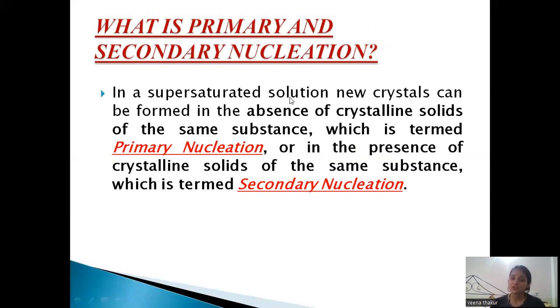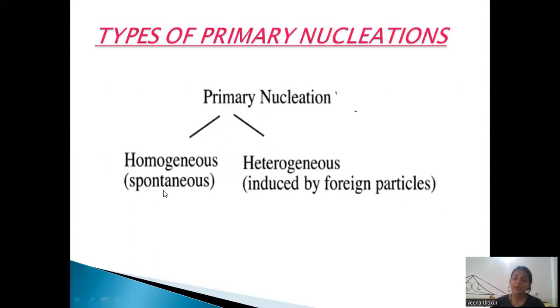In a supersaturated solution, new crystals can be formed in the absence of crystalline solids of the same substance, which is termed primary nucleation, or in the presence of crystalline solids of the same substance, which is termed secondary nucleation.